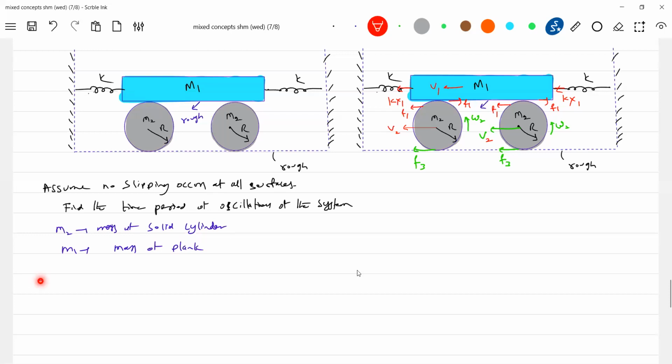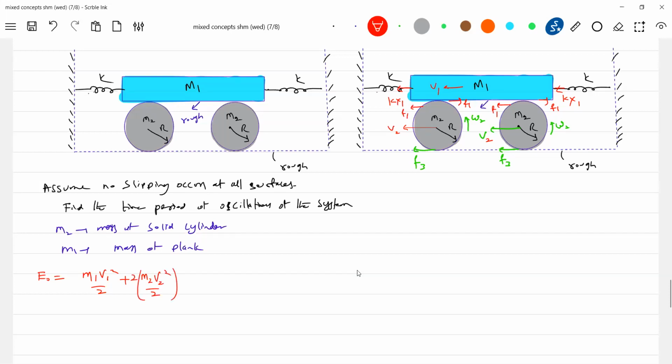Now, what is the oscillation energy? The oscillation energy will be the kinetic energy of the plank, m1 v1 square by 2. Then next, the translational kinetic energy of the cylinders.